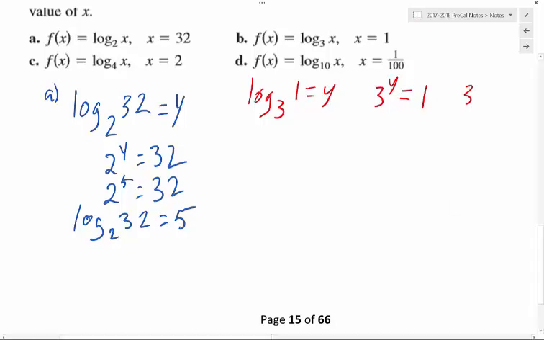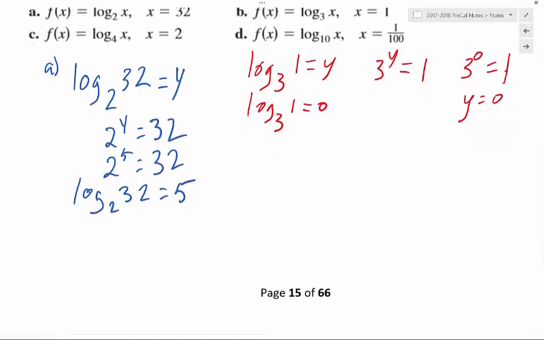And that is because 3 to the 0 power equals 1, which means, therefore, y equals 0. So we can say log base 3 of 1 equals 0. So in this problem, I'm basically asking myself, when I have a base of something, and I want to find out what it all equals, I'm saying, what is the exponent such that the base raised to that exponent gives me the answer I'm looking for?